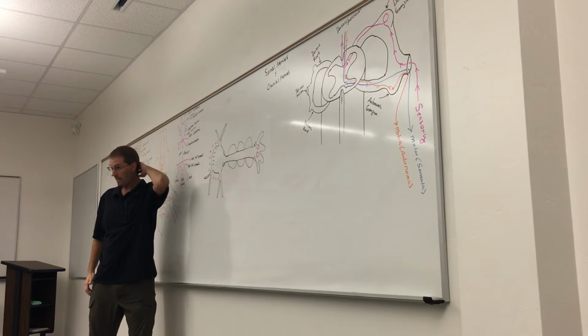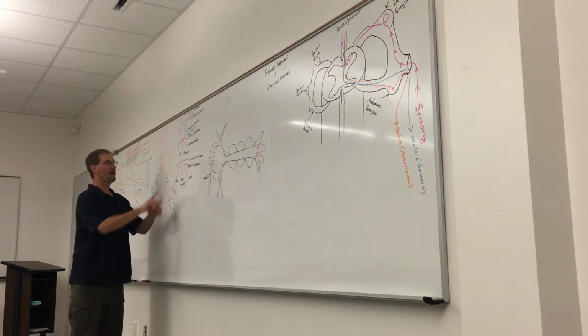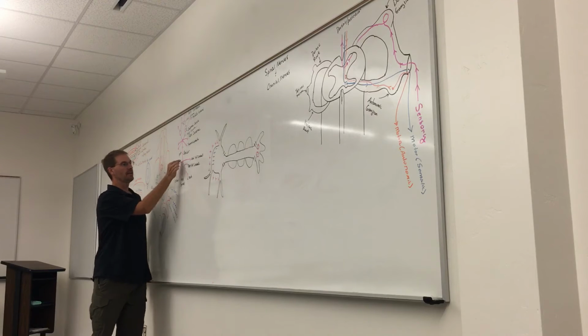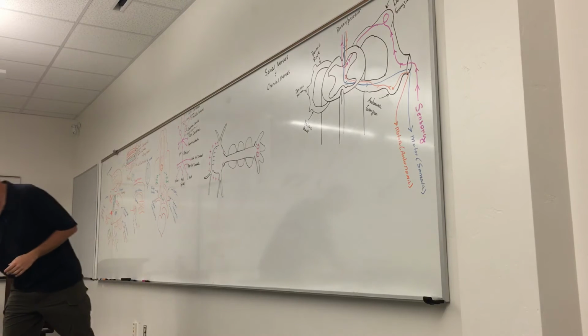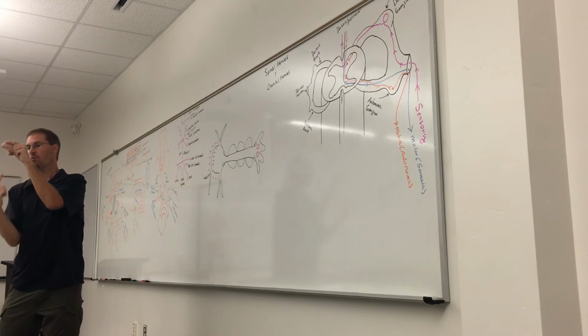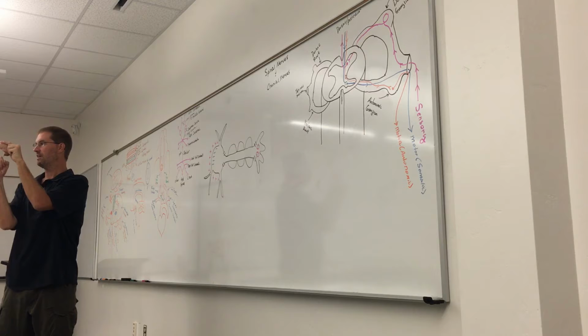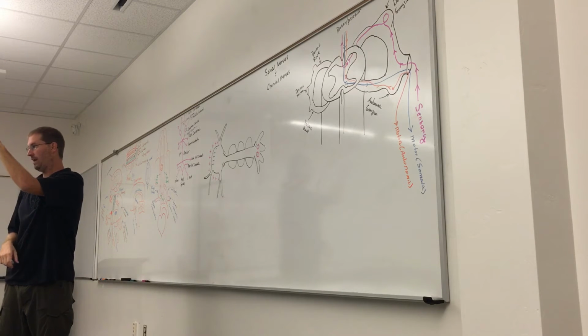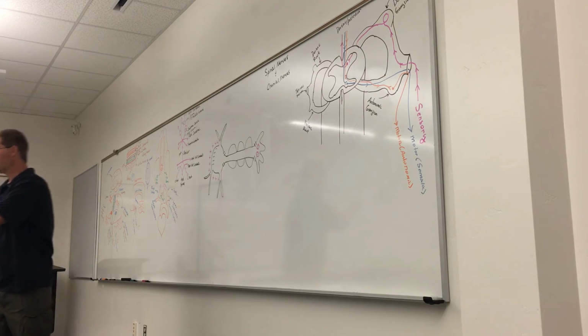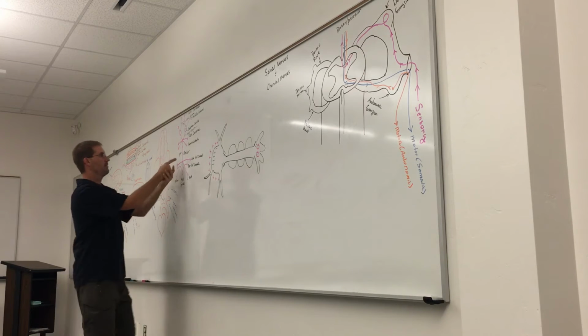Supplies the cerebellum with blood. And then there is a large artery that goes up the brainstem, right up the front of the brainstem, up this way toward the anterior part of the brain, right up the middle of the brainstem. You guys cool with that?